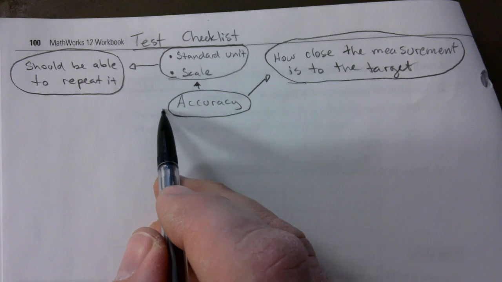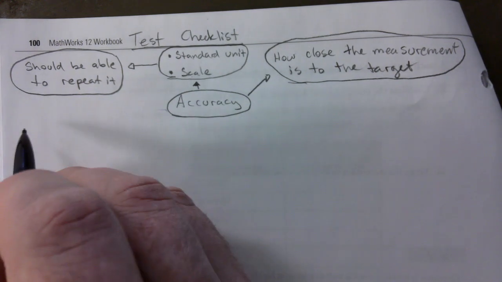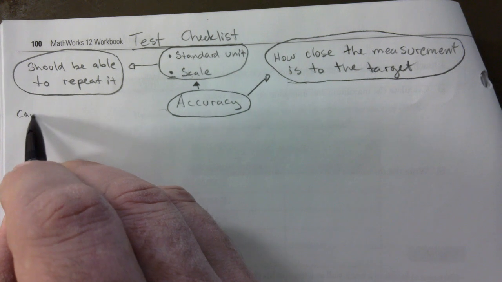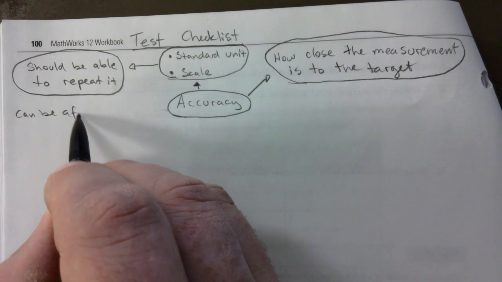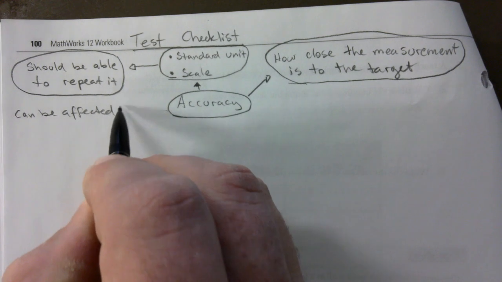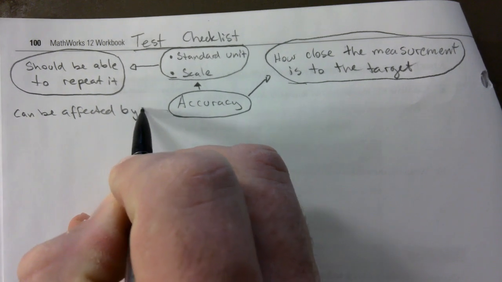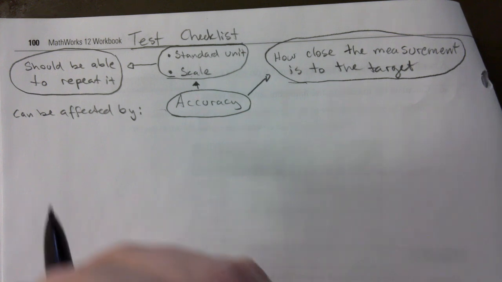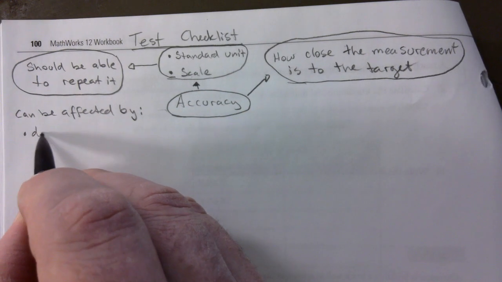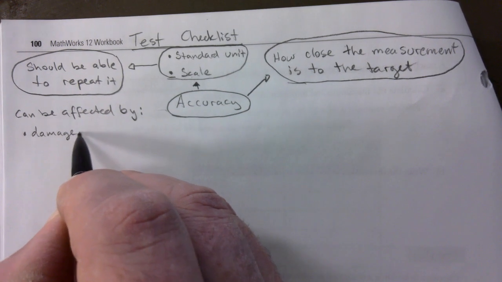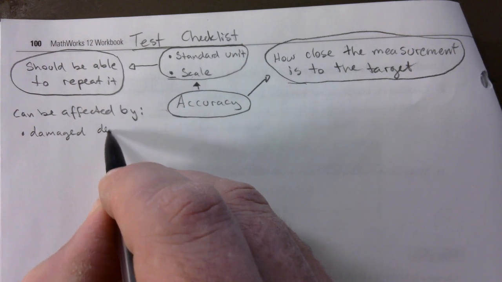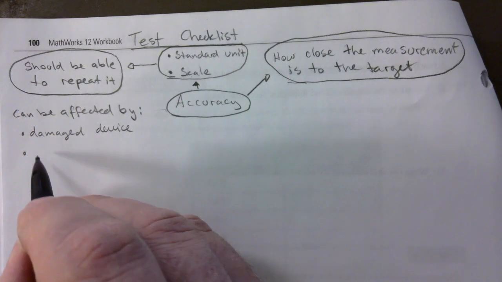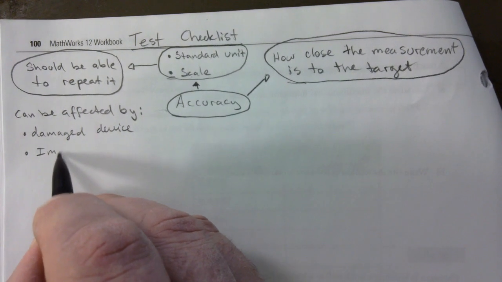I'm going to go arrow off to the side, but I'm first going to write to make sure I have enough room. Accuracy can be affected by, there are two things that will affect your accuracy when you're measuring, or could affect, is damaged device. So if your ruler is all bent up, or also improper use.